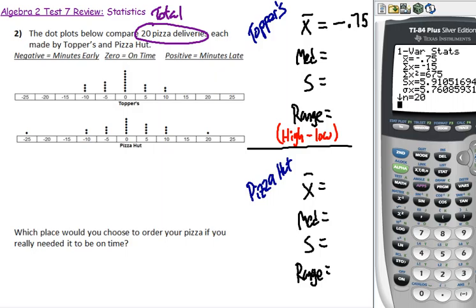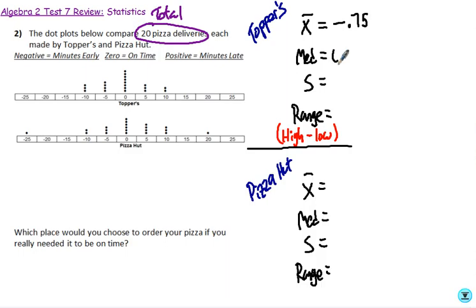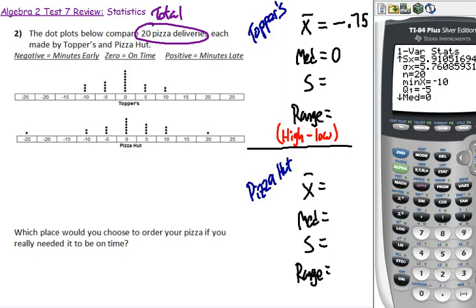Let's look at the rest of the numbers. The median, which represents the middle point, the middle of the data set, right, which would be, if we laid out all these numbers in order from least to greatest, the median would be the middle. Median in this case would be 0. And let's look at standard deviation. Standard deviation here is 5.9.